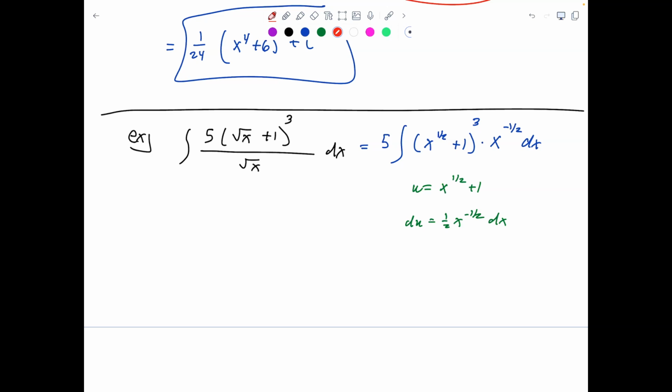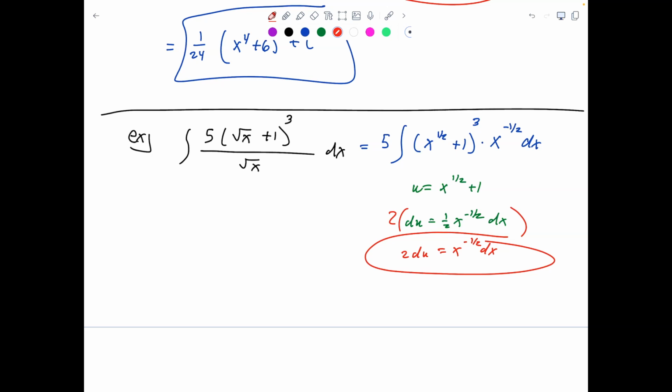We want to get the constant away. Multiply both sides by 2 to get rid of that 1/2: 2 du equals x to the negative 1/2 dx. In order to bring the 1/2 over from next to the dx, you multiply by 2 to bring it to the other side of the equal sign.